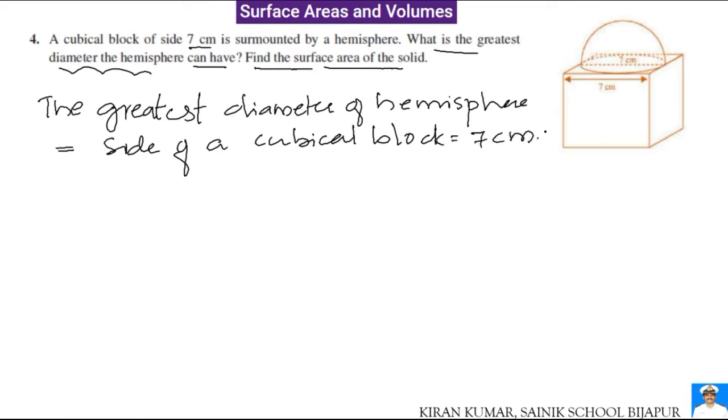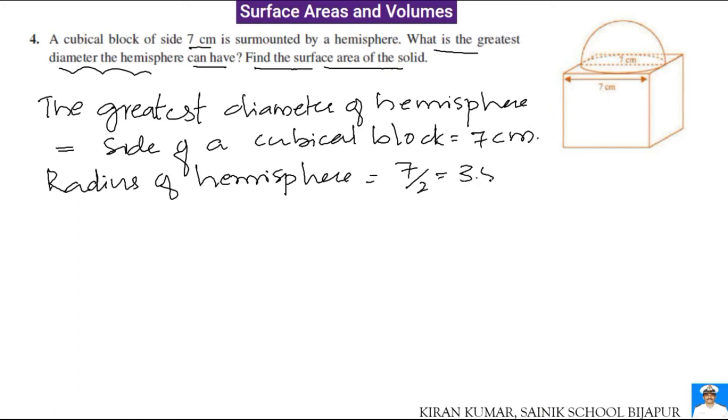So that could be the maximum diameter. So we can find out the radius of hemisphere. The radius of hemisphere will be equal to 7 upon 2, which is 3.5 centimeter. Now the question is to find the total surface area of solid.